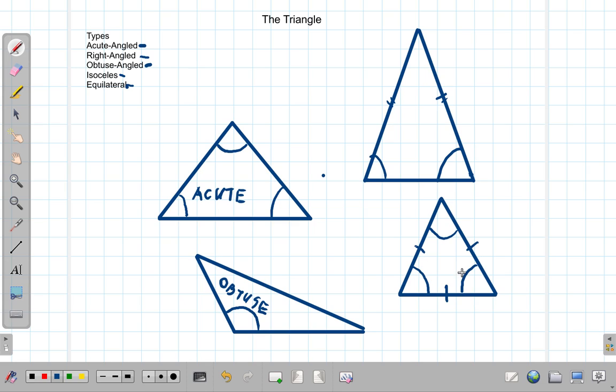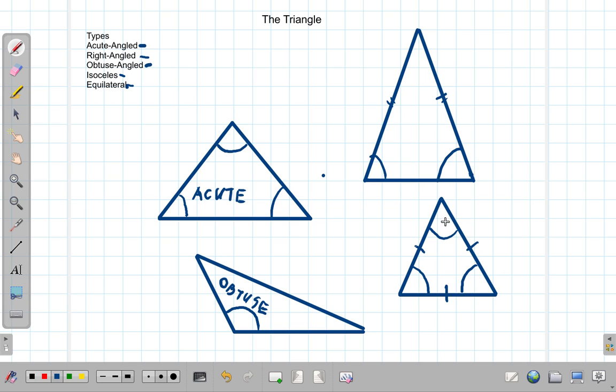Well, if all of them add to 180 degrees and each of them is equal, then each of them will be 180 degrees divided into 3 equal parts.